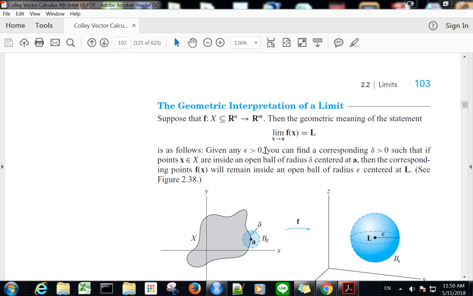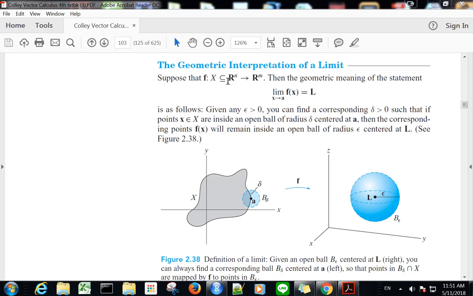Okay, so let's continue, and let's now use what we just discussed to give a geometric interpretation of the word limit. So we're talking about a function from Rn to Rm, but of course we can't picture that, so we're just saying this is the Rn and this is the Rm.